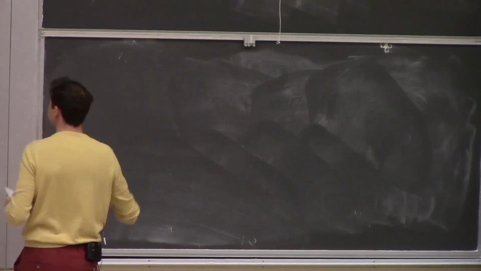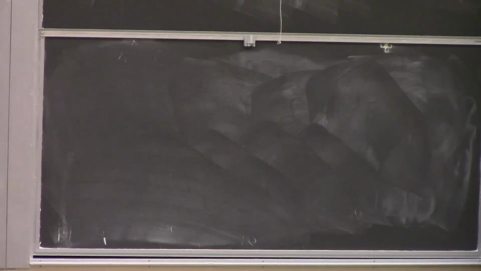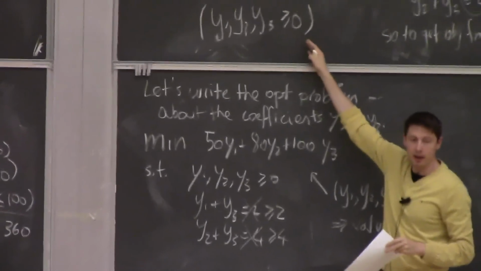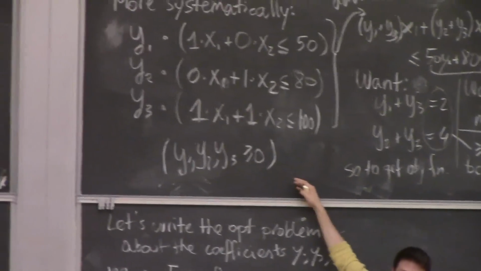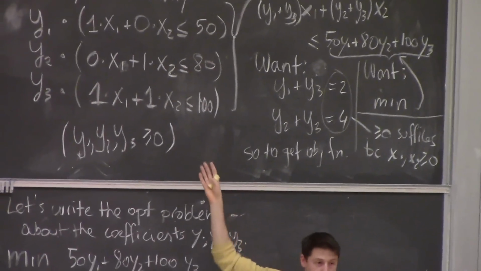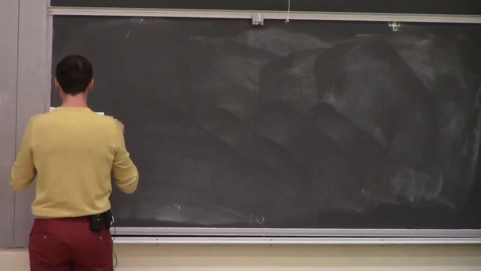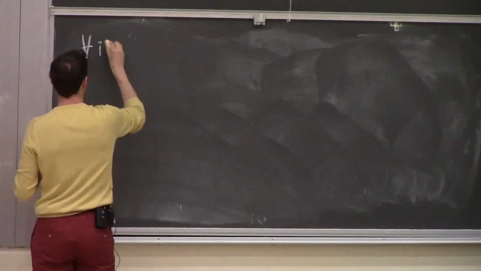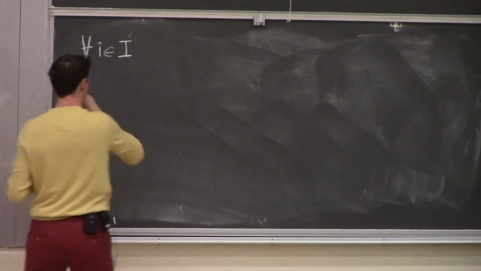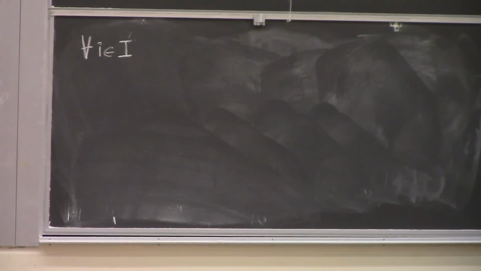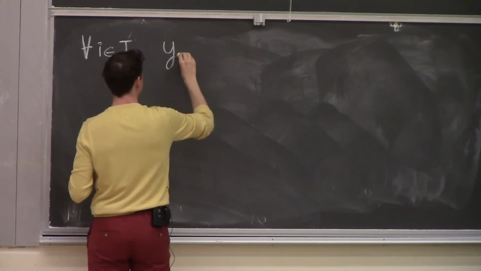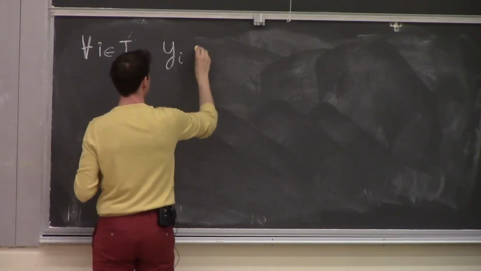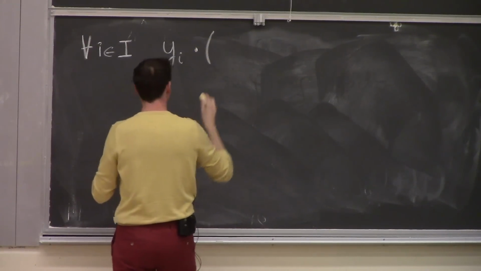So rather than directly writing a dual, before literally writing a dual, I want to try to justify the dual by doing something like this. For every i that we consider an inequality, we're going to consider a new variable y_i that multiplies the inequality.